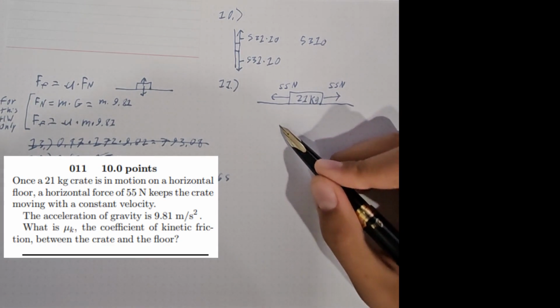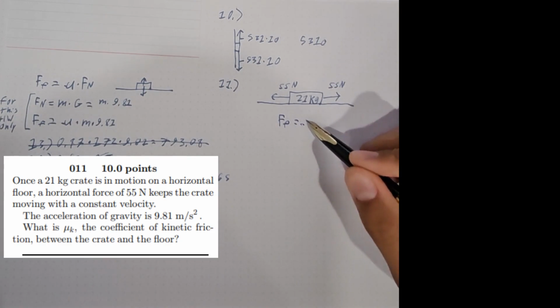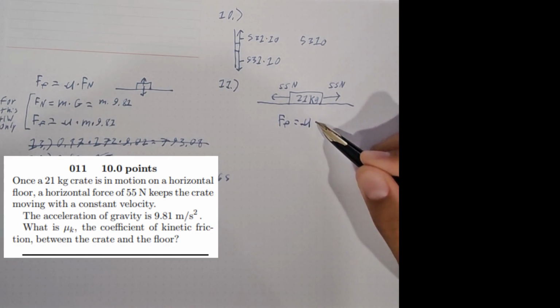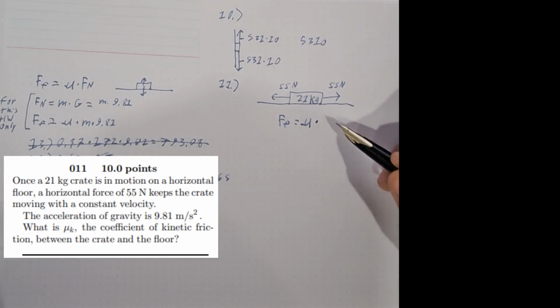So the force of friction is equal to mu multiplied by the normal force.